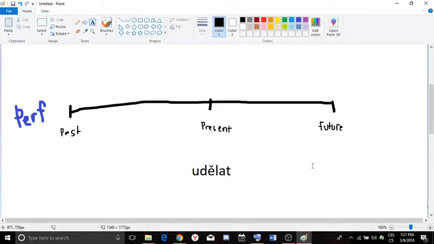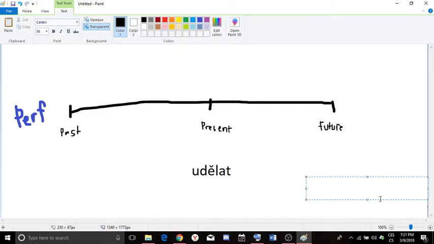So let me give you an example of another version of this word, which is also just a modification. And that would be předělat. So předělat means to redo. And again, there's a bunch of different things you can add in front of here.